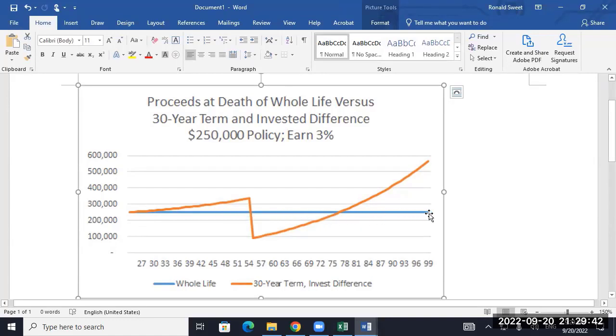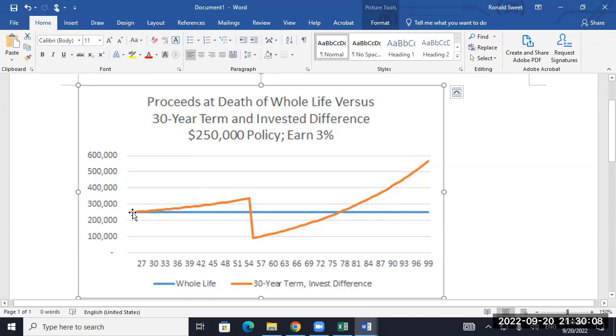So you buy a whole life policy and you pay the premium. The question is, what do you get if you die? So if you buy a $250,000 whole life policy and you die at 42, what do you get? $250,000. What if you die at 87? $250,000. Very straightforward. Right?